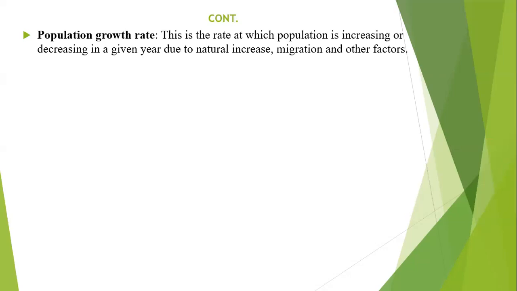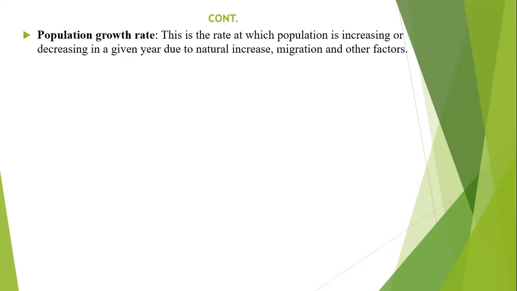Now, population growth rate is another concept that you must take keen interest in. This is the rate at which population is increasing or decreasing in a given year due to natural increase, migration, or other factors. There are two main factors that lead to population growth rate. These factors are natural increase, which I explained earlier on.